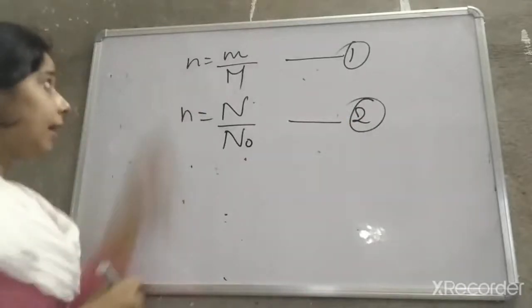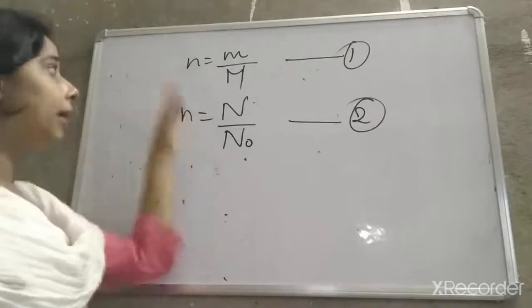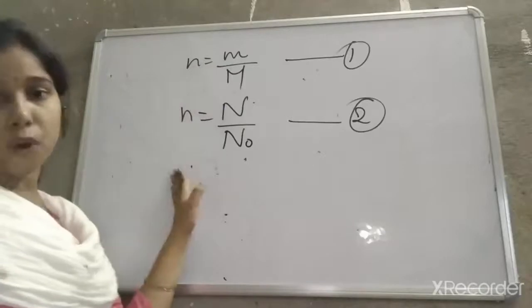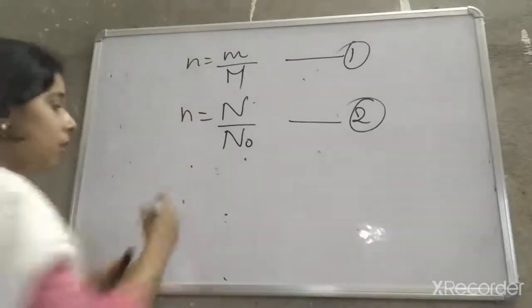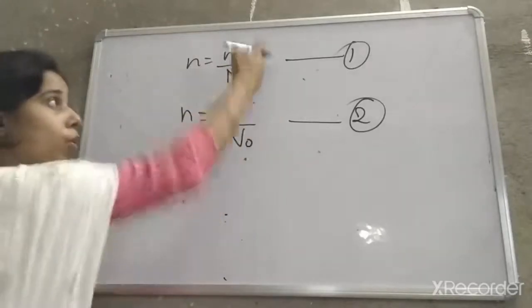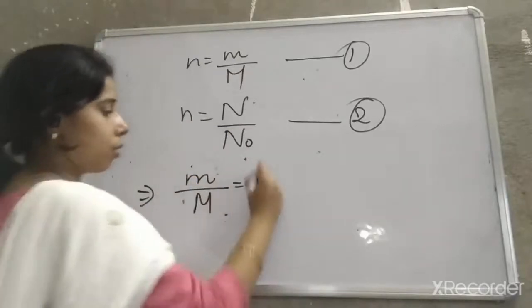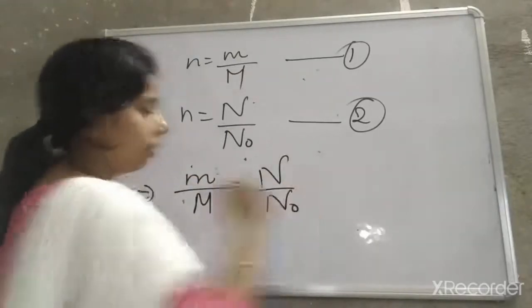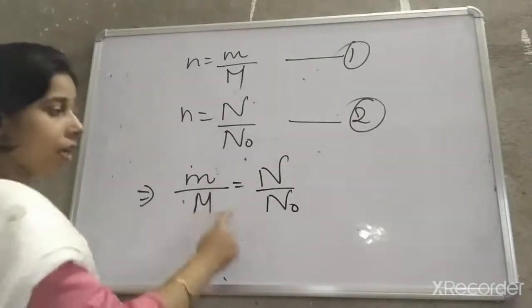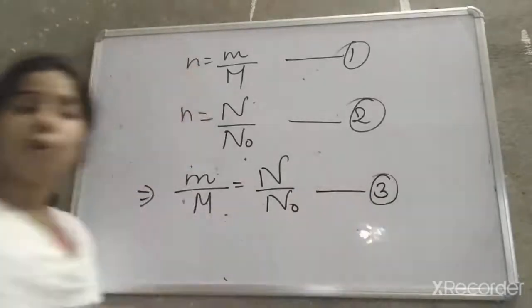Now n equals this and n equals this, so by equating the value of n in these two formulas, we will get a new formula. If this equals this equals this, then both are equal to each other. So m by M equals N by N naught. This is the third formula.